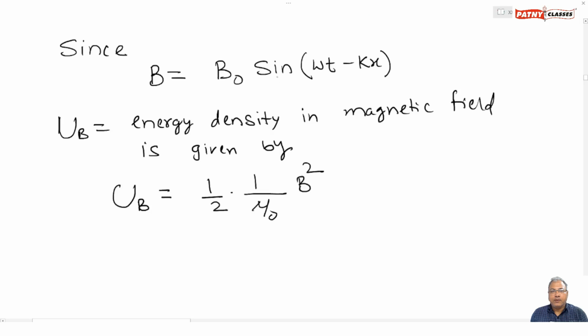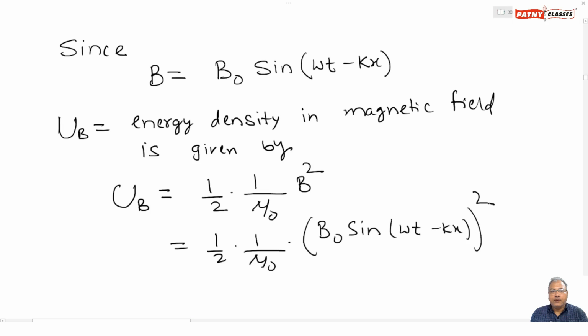B is given by B naught sin of (omega t minus kx), and let us say UB is the energy density of the magnetic field, and that is UB equals half times B square upon mu naught. Therefore, half times 1 upon mu naught multiplied by B, that is B naught sin of (omega t minus kx) whole square.